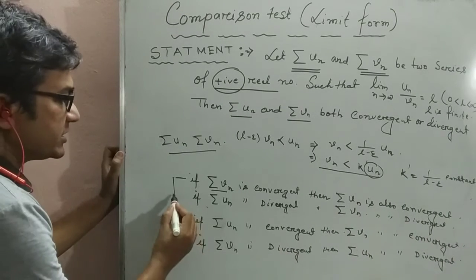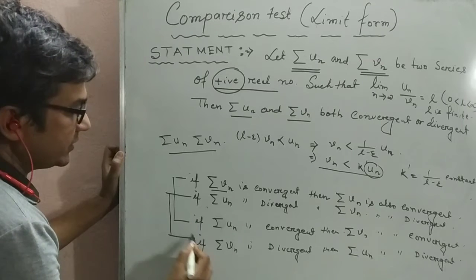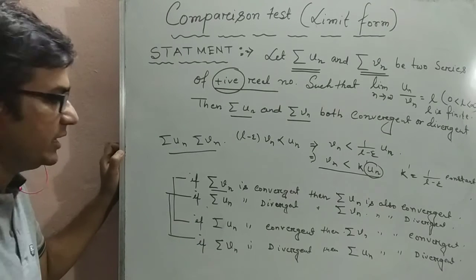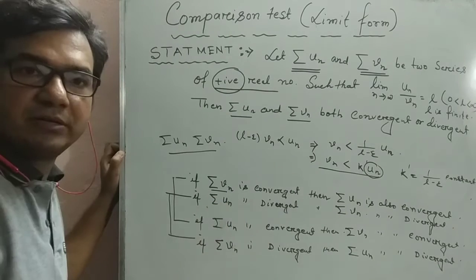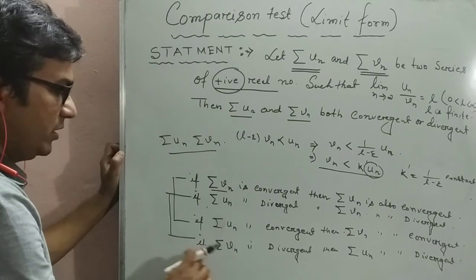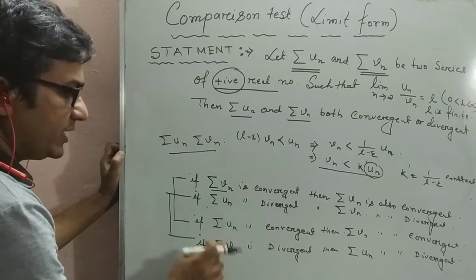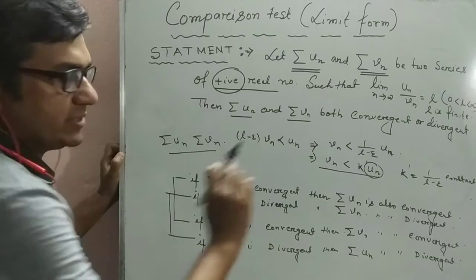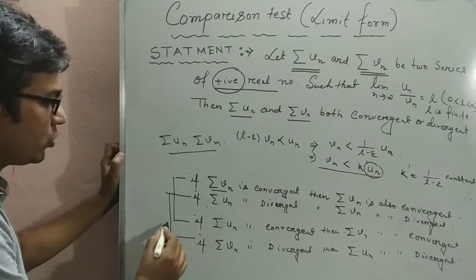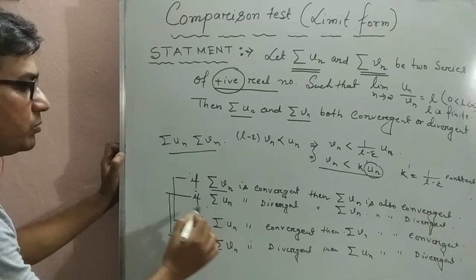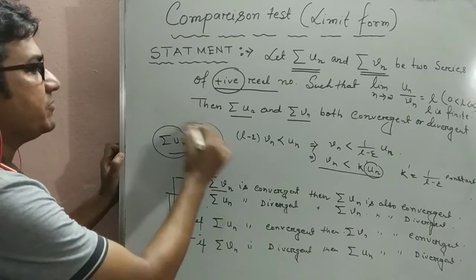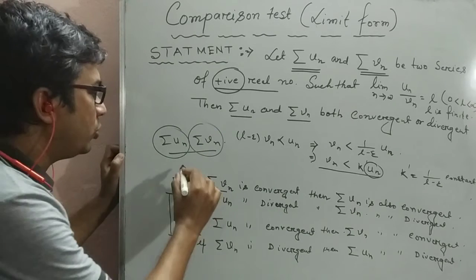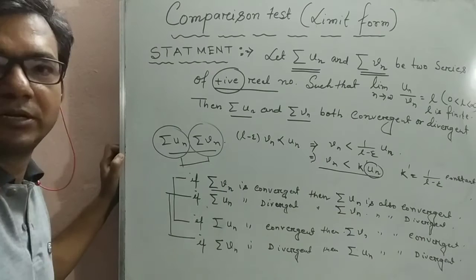Similarly, from the second line and fourth line, we get if un is divergent, then vn is divergent. And here, if vn is divergent, then un is divergent. So, from the second and fourth line, we say that summation un and summation vn are both divergent together.